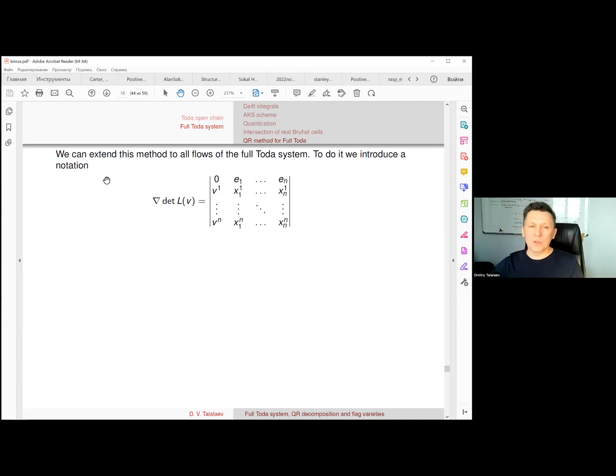To do this, we introduce some new notation.